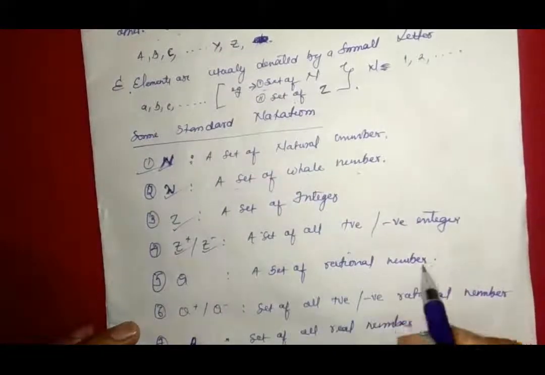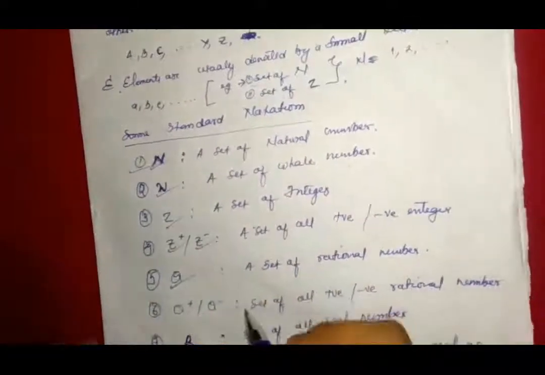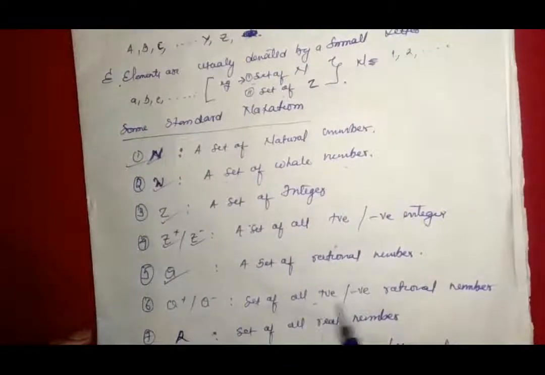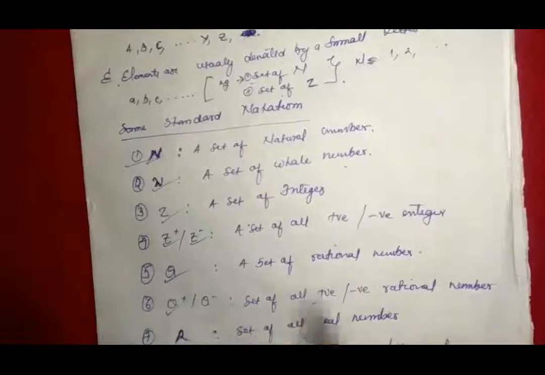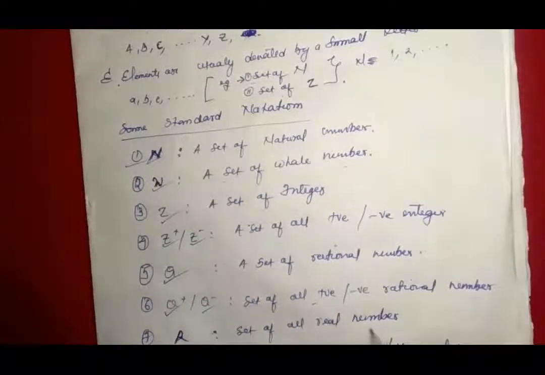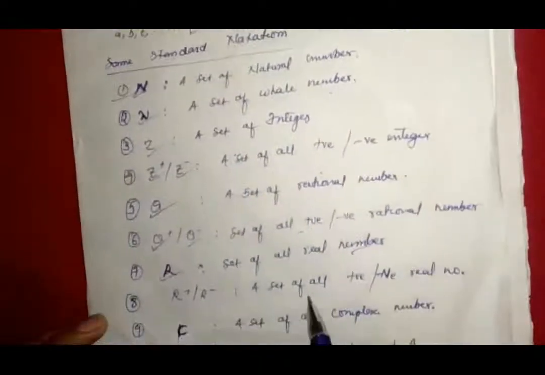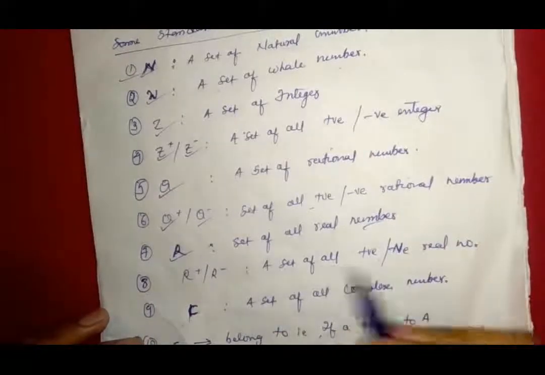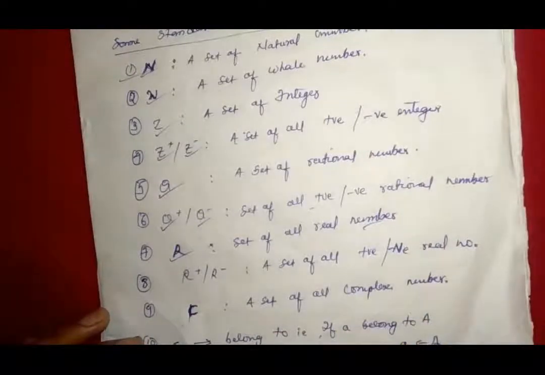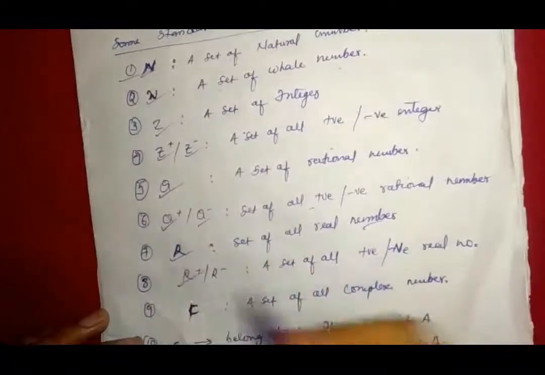A set of rational numbers is denoted by Q. A set of positive and negative rational numbers is denoted by Q plus and Q minus. A set of real numbers is denoted by R. A set of all positive and negative real numbers is denoted by R plus and R minus.